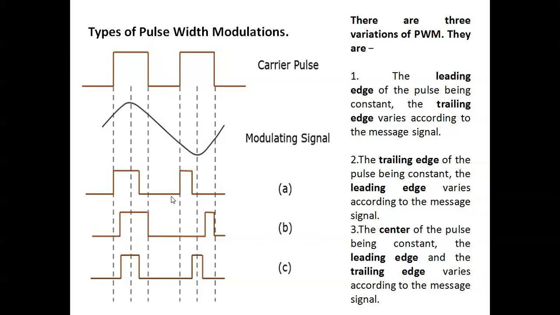Similarly, in B, the trailing edge of the pulse is constant and the leading edge varies in accordance with the message signal. And in C, the center of the pulse is constant, and the leading and trailing edges vary in accordance with the message signal. These are the three types of pulse width, or pulse duration, modulation.